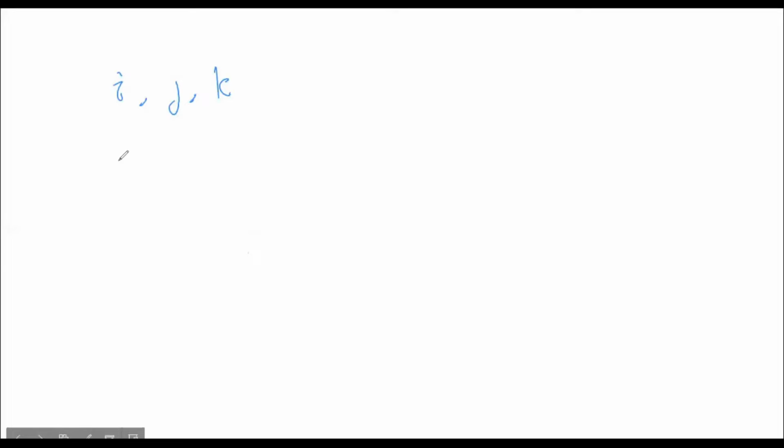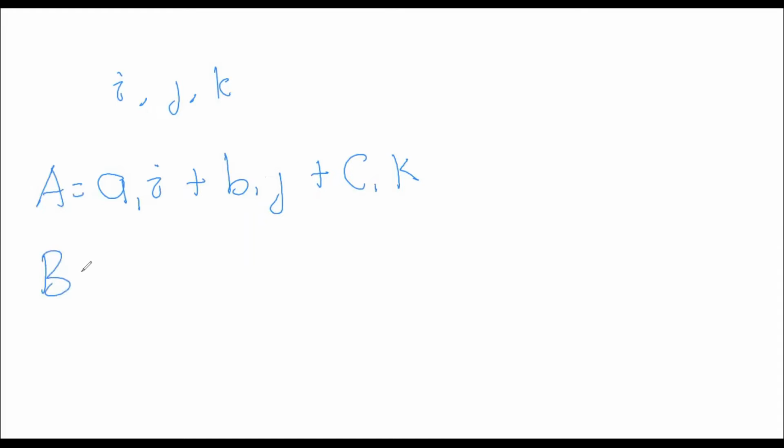Before we move to the next question, let's try to get the general formula for finding a dot product. Supposing we write the vectors in i, j, and k. Let's say vector A is a1i plus b1j plus c1k, and vector B is a2i plus b2j plus c2k.